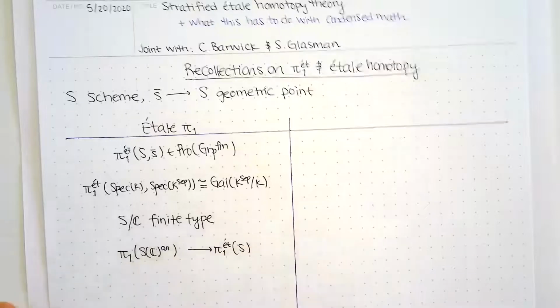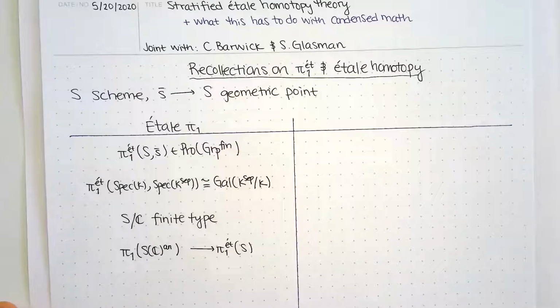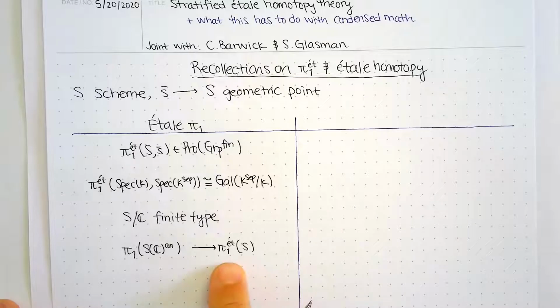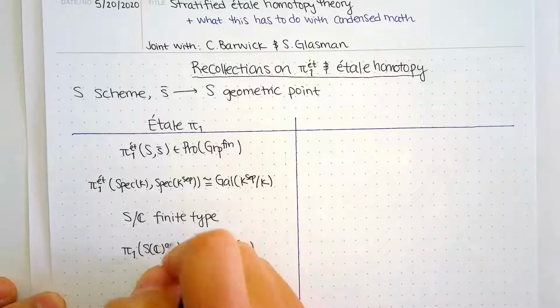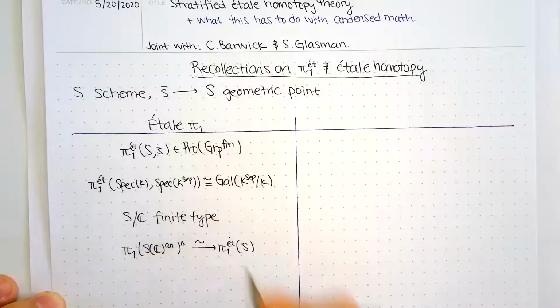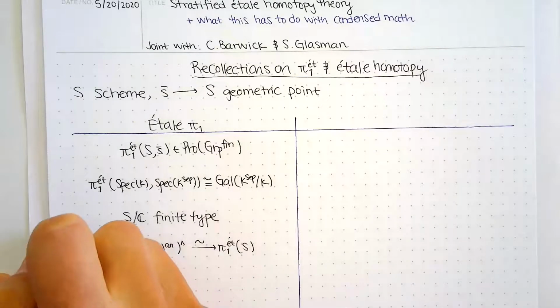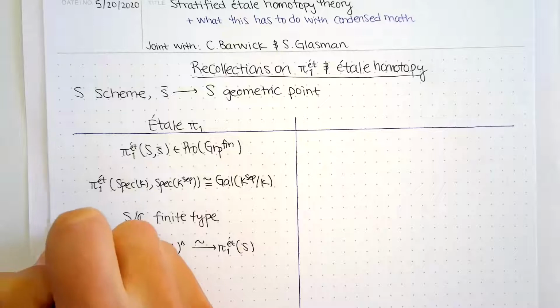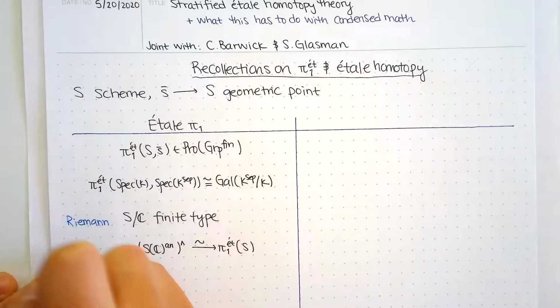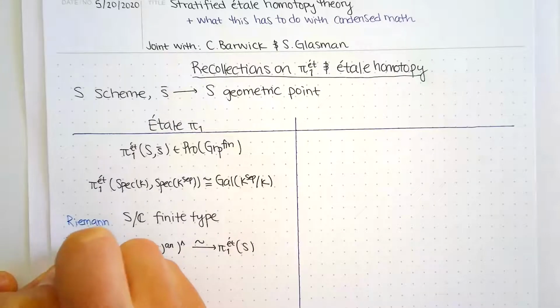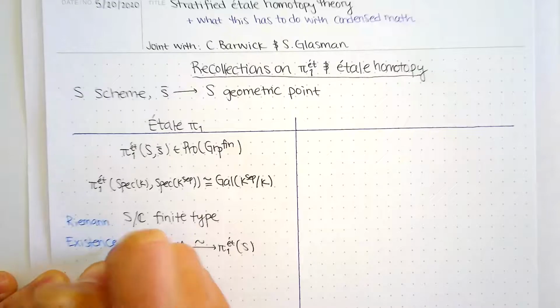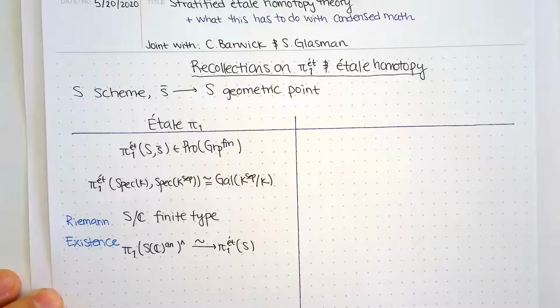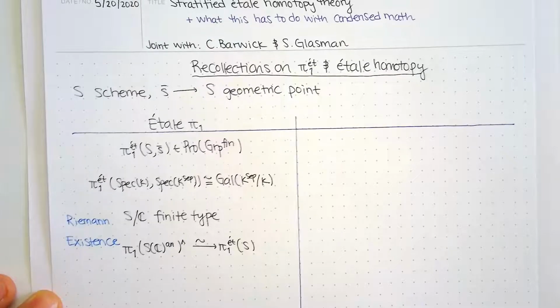And it's not an isomorphism, because this is some profinite group and this is just some group, but it becomes an isomorphism after profinite completion. So this is often known as Riemann existence. This is some sort of generalization of the classical Riemann existence theorem.